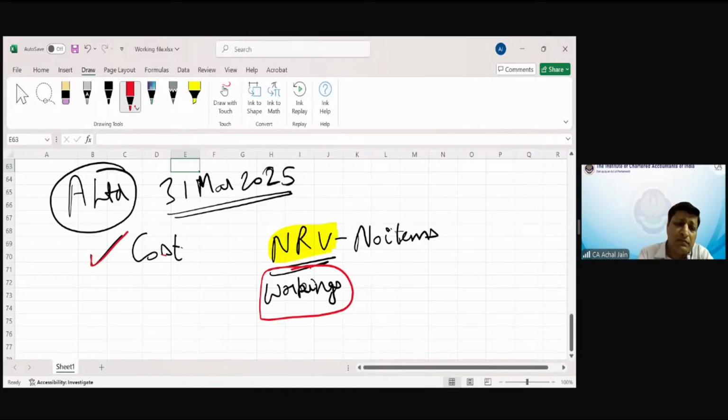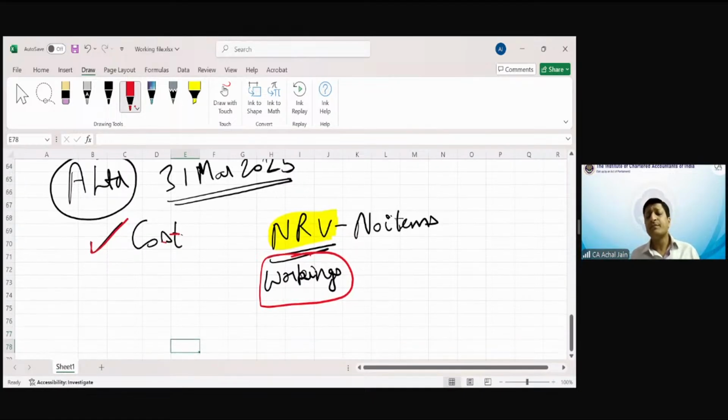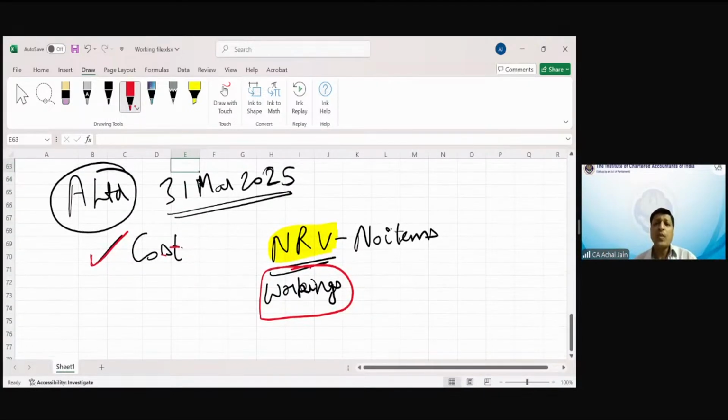Okay, but let's suppose that is not the case, that is not done, so what will the auditor do? What will the auditor do? Auditor will have to look at that.